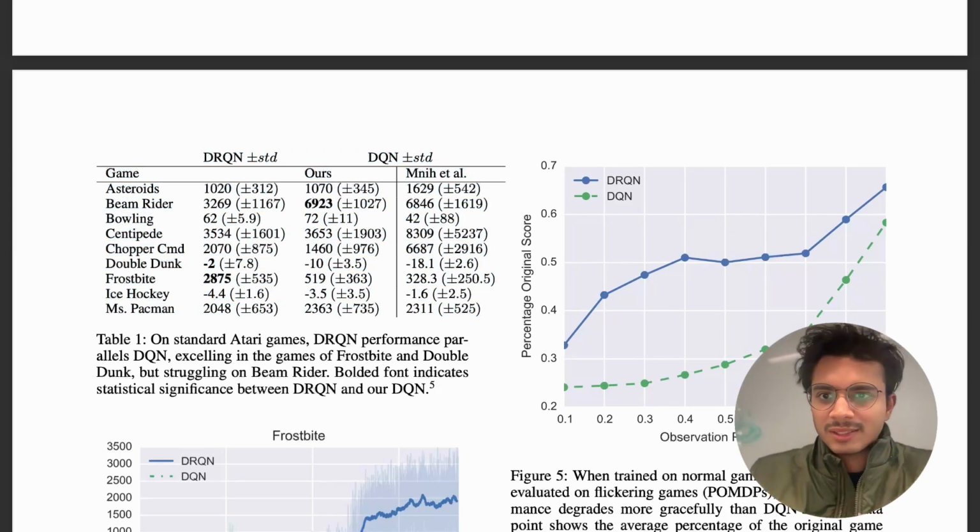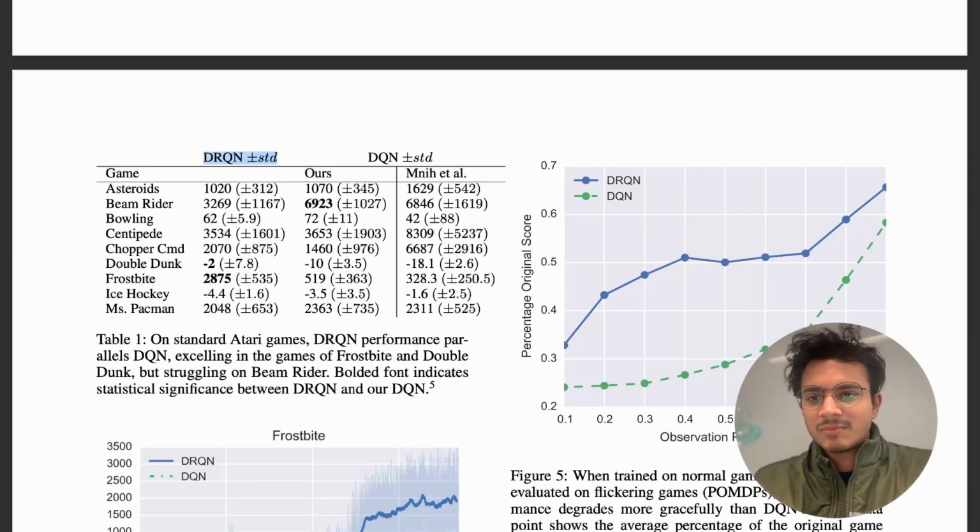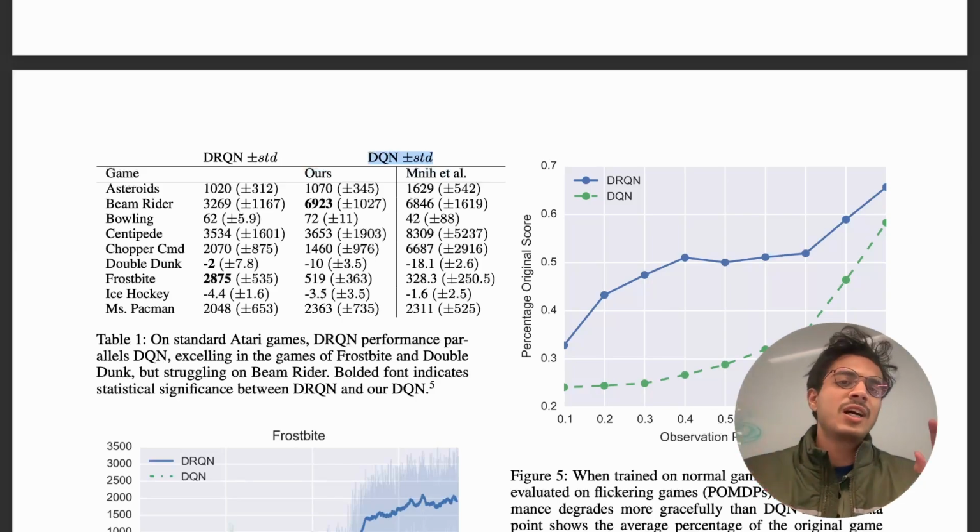So, in my opinion, it was not a fair fight, because DQN was always using 4 frame stacking, because DQN will not work without that, and DRQN was using single frame input at every single time step. It might have some disadvantage compared to DQN, but I'm not trying to compare DQN with DRQN.